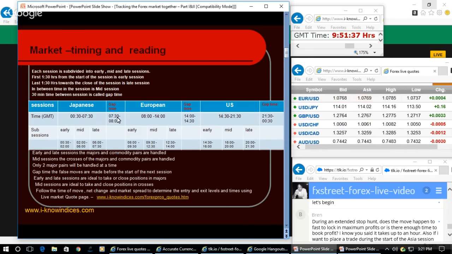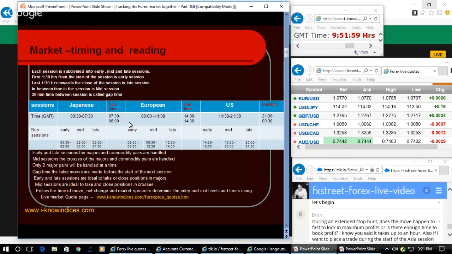Then opposite to the gap time move, they do it during the 1.5 hours in the early part of the European session. Then afterwards, they start making swings between the highs and the low without breaching the high or the low. And they do it mainly to handle the crosses. Then in the late session, they either breach the high or the low.